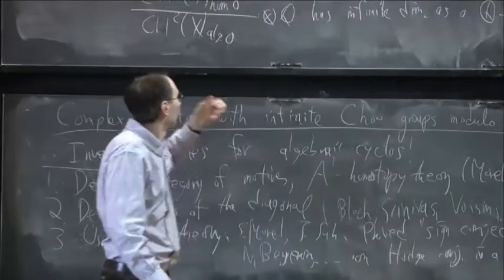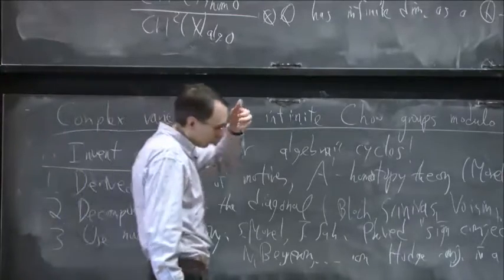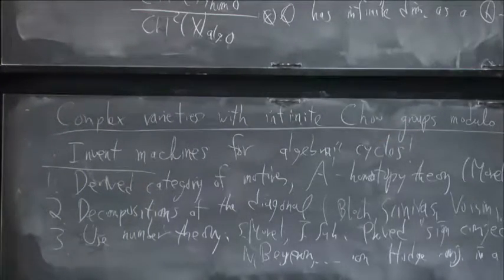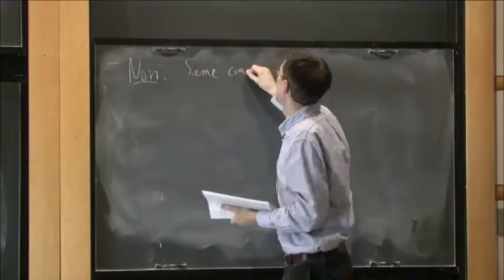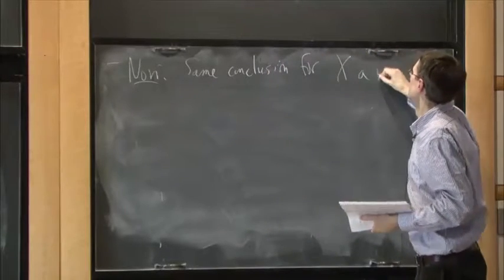shows the same thing happens, but for a different class of varieties, namely general abelian varieties of dimension 3, and somehow the good thing about that is that the argument becomes easier in this case. So let's say same conclusion for X very general.